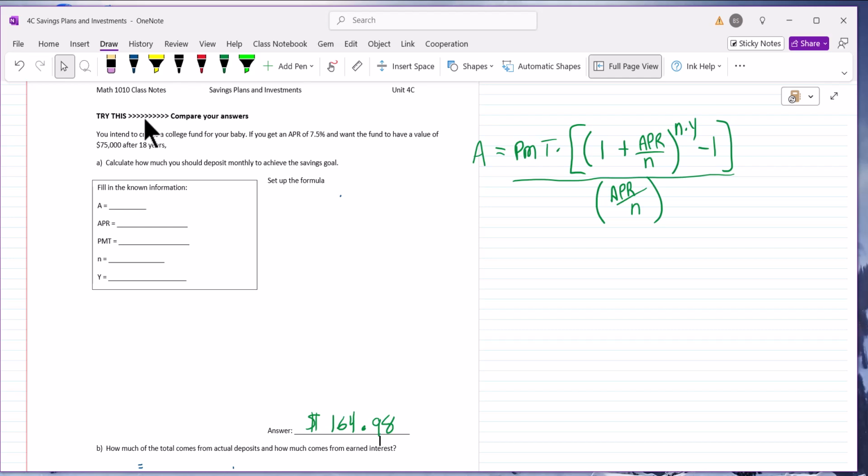And then the payment is what we're trying to find, and A is the savings goal. You get that out of the calculator.